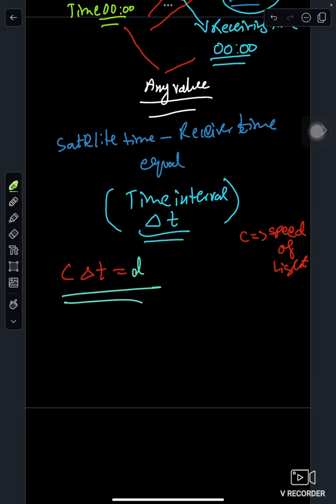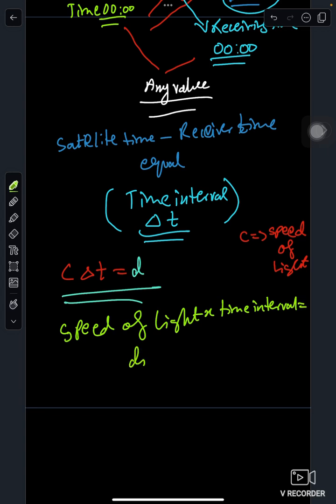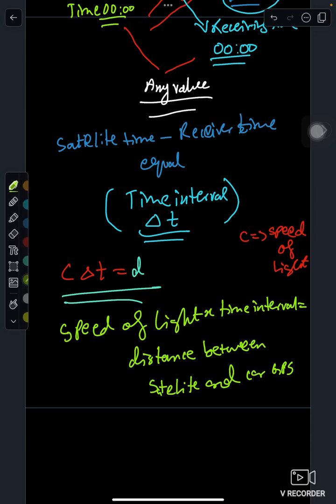Let me write it in words: speed of light times time interval equals the distance between the satellite and the car GPS.